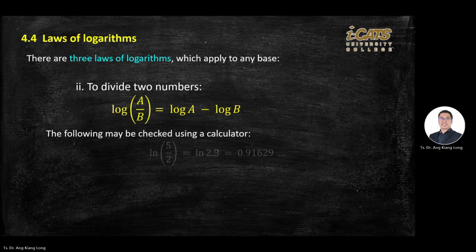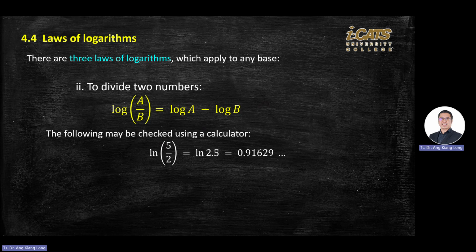Okay, so this again we prove with the calculator. This is just using ln. Whether it is log or ln, the law is applied the same. If you see log, it means log base 10. If you see ln, it means natural log, log base e.